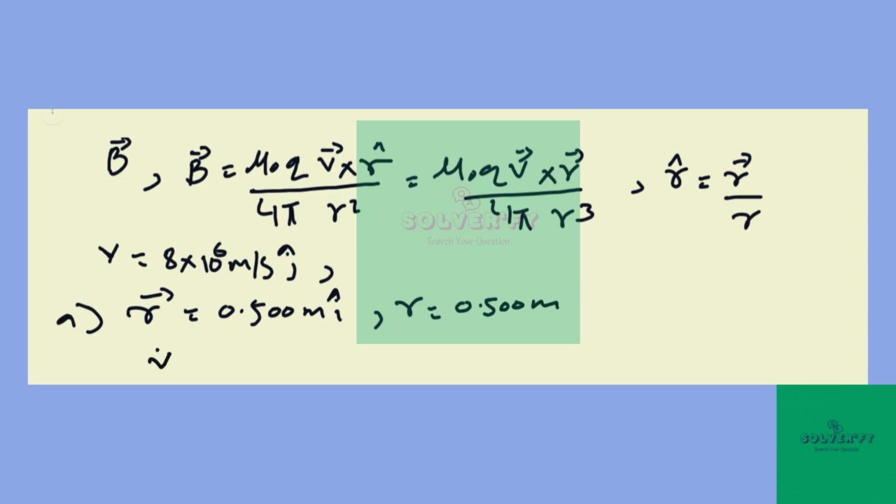Then v cross r will be simply minus vr in the k direction. We'll substitute this value in our formula for B.